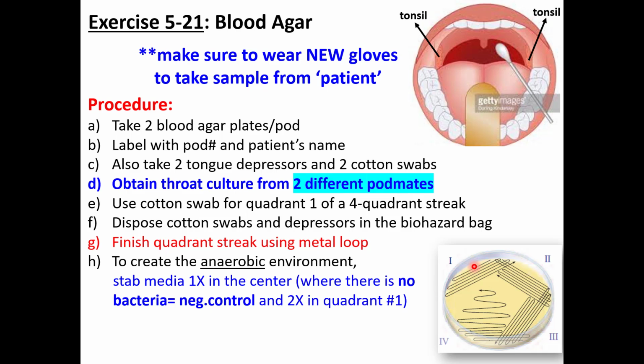You do the same 2 cuts in here, and our goal would be to look for that pattern of hemolysis around the cut, because if the bacteria is able to destroy red blood cells, we would see a better destruction under anaerobic conditions if that bacteria was a strep species. So that's the goal.